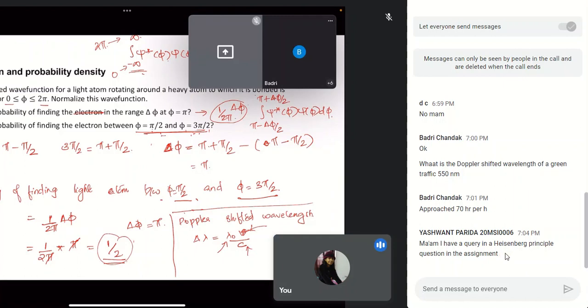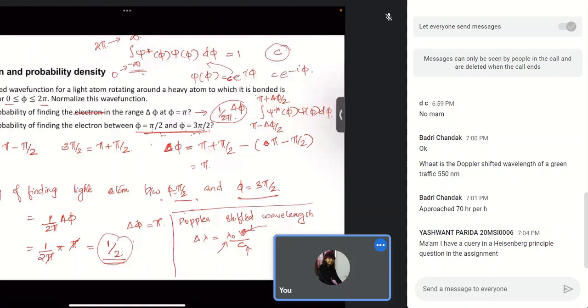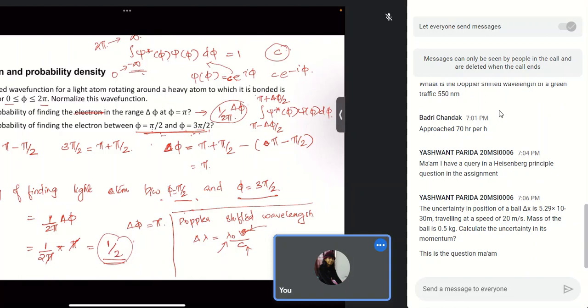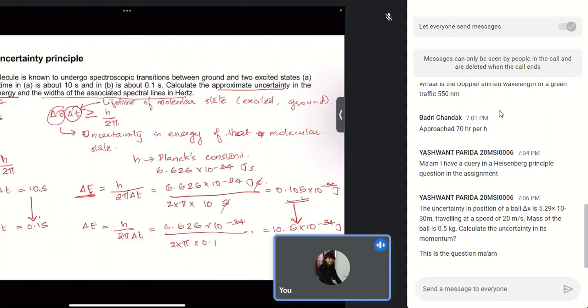What is the query about the Heisenberg uncertainty principle question? There are two versions of the Heisenberg uncertainty principle, right?